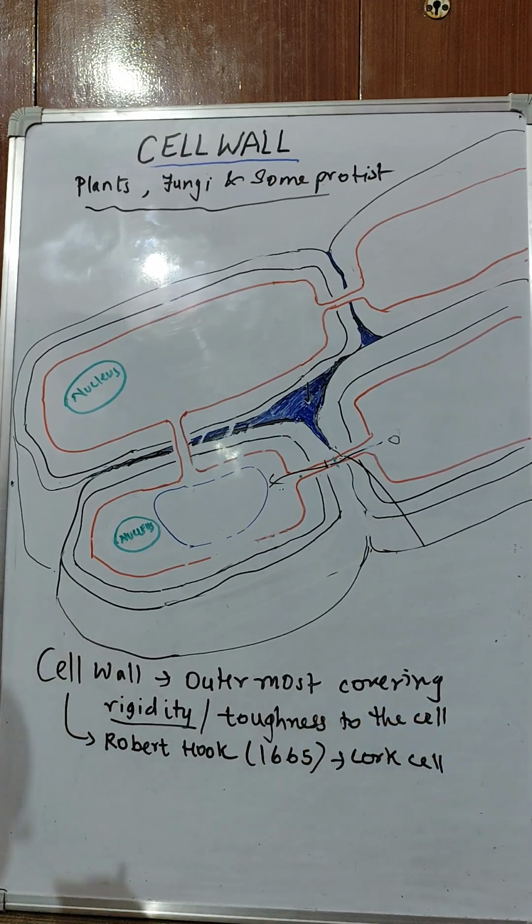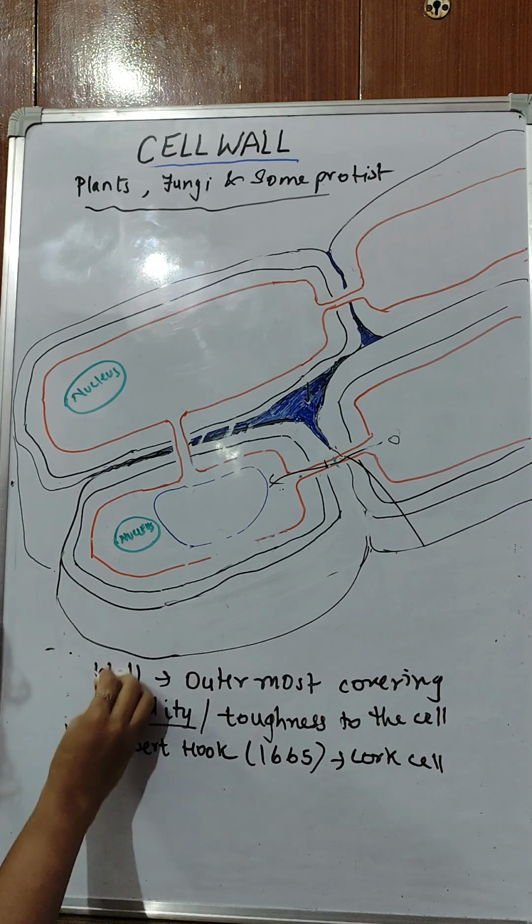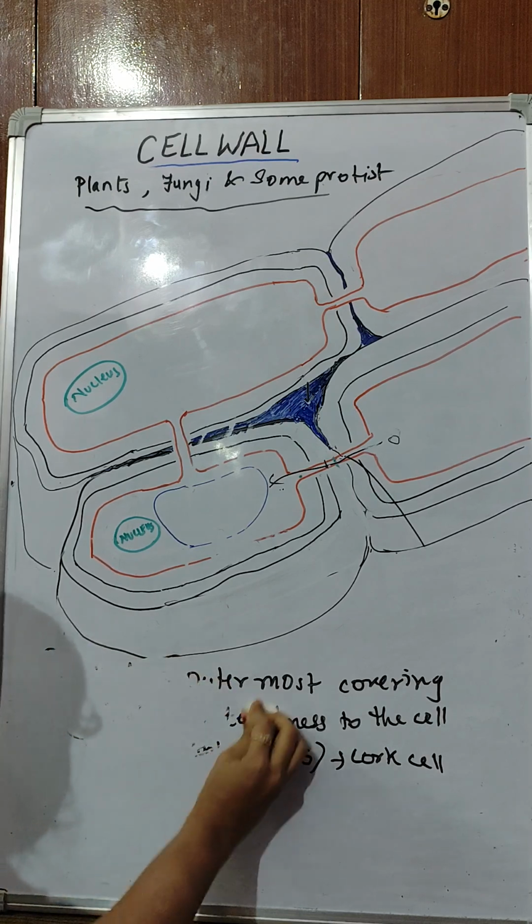Cell wall generally varies with different types of cell. Its size, its diameter, or its thickness will vary with the different cell. Let's see the function it performs.